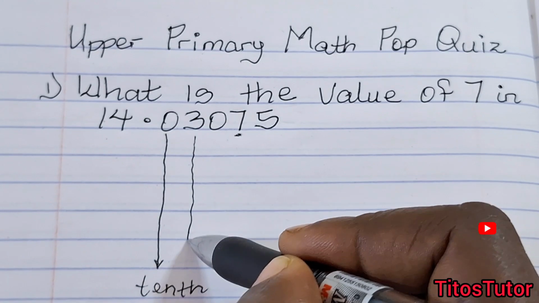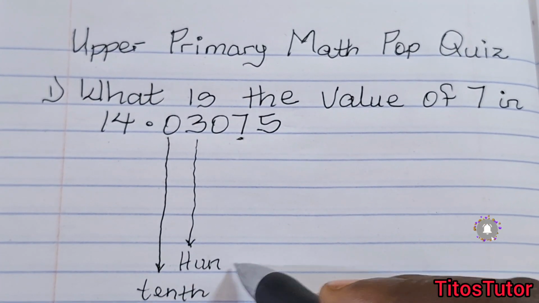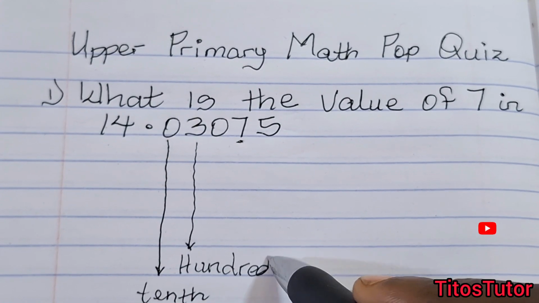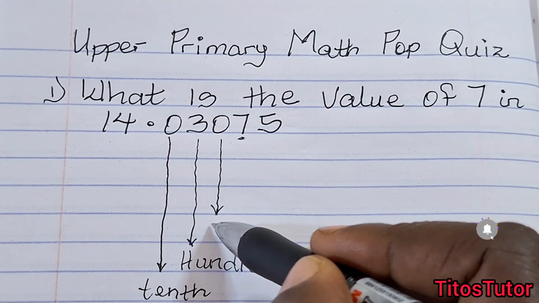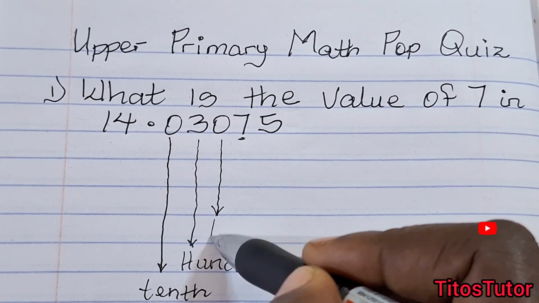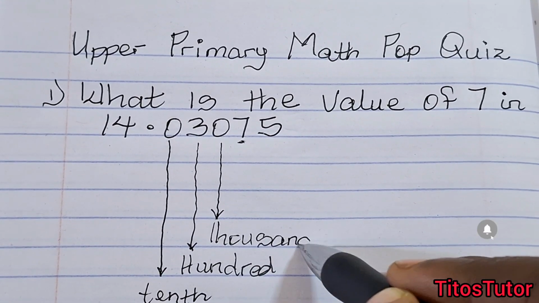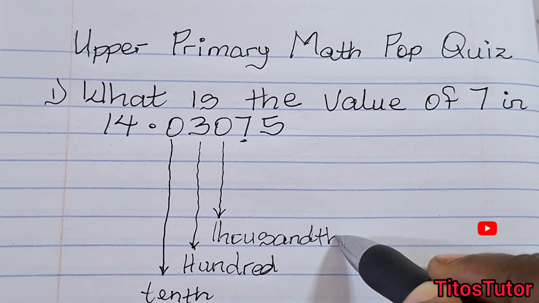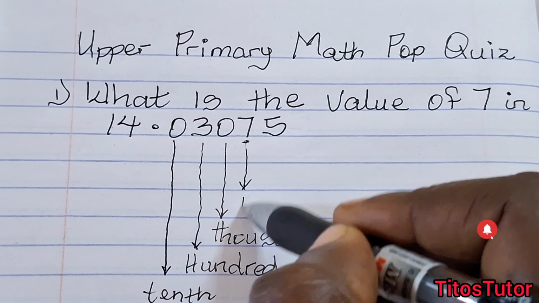The place value of this 3 is hundredth. The place value of this other 0 is thousandth, with a th.